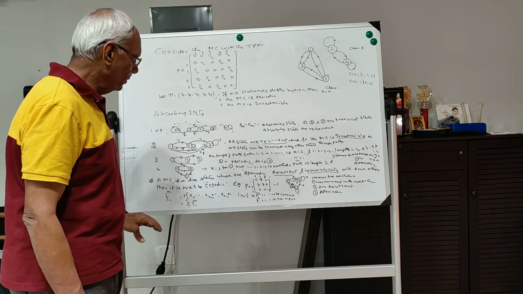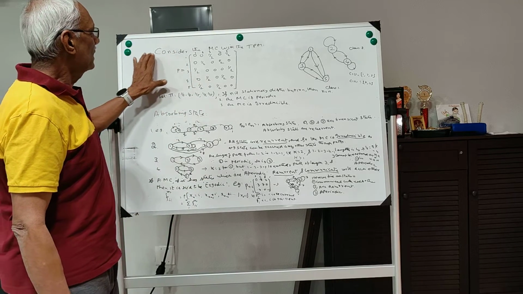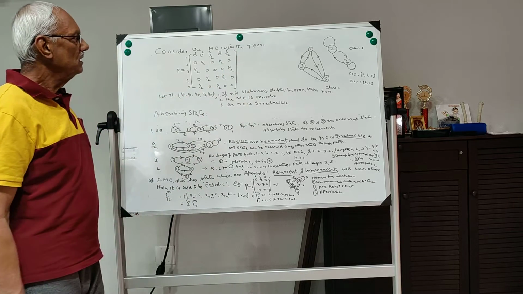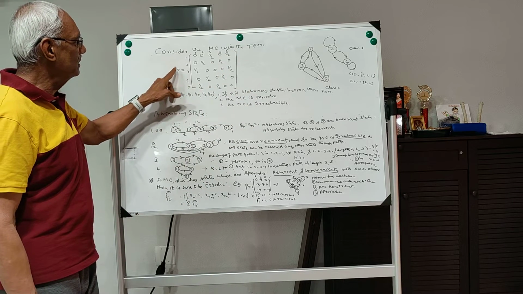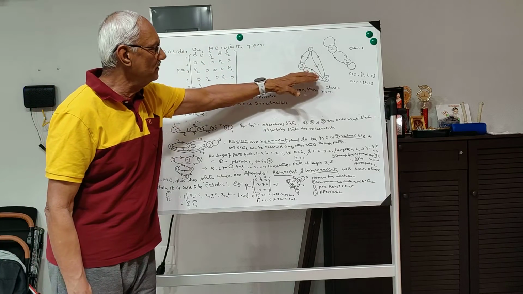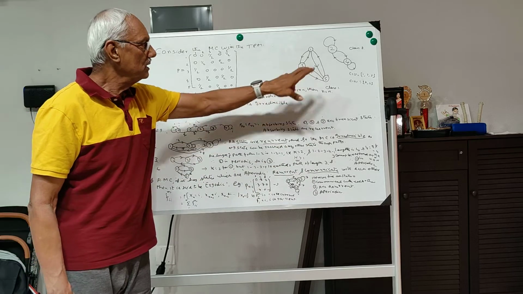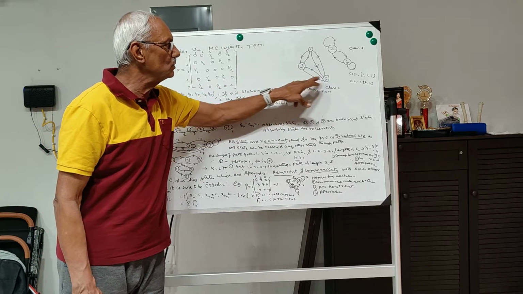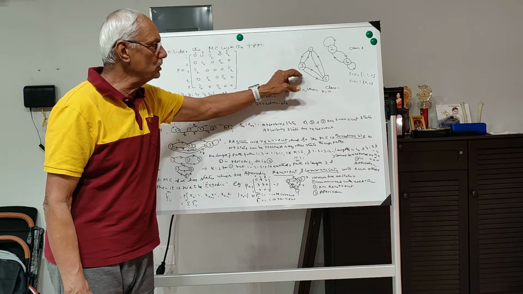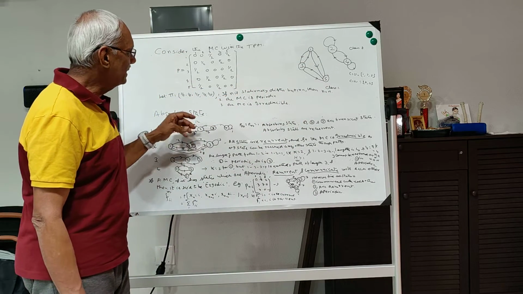Now, I am taking one more example here. Consider this Markov chain. The transition probability matrix is given here, and this is the diagrammatic representation of it. As I explained to you in the first example, these two are closed sets. These are closed classes, and there is no communication between them.